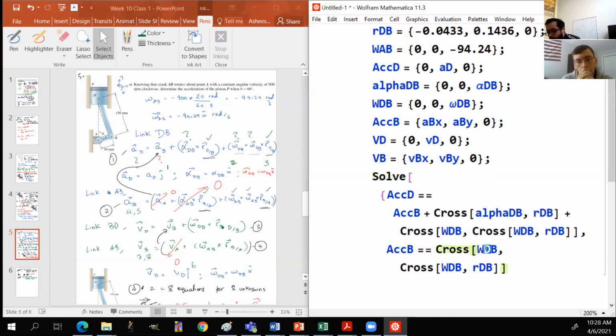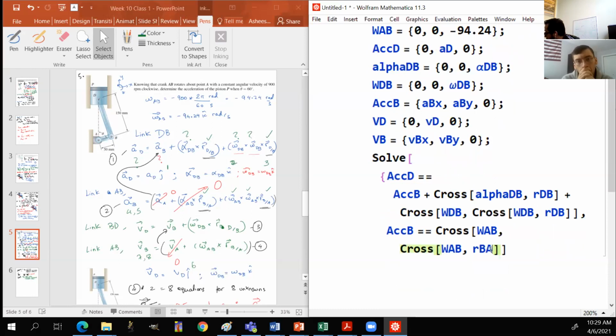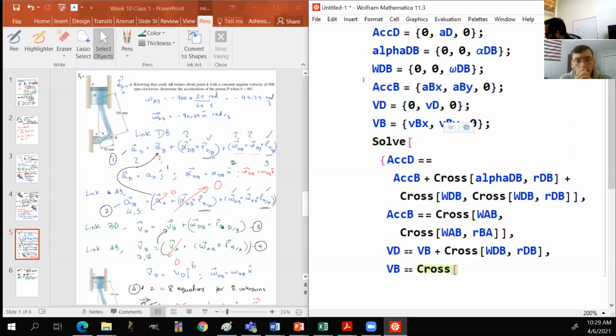But I have omega AB, and I have R of B relative to A. Then we've got VD is equal to VB plus the cross product of omega dB crossed with R of B relative to B. And then I have the final expression, which is VB is equal to the cross product of omega AB crossed with R of B relative to A.